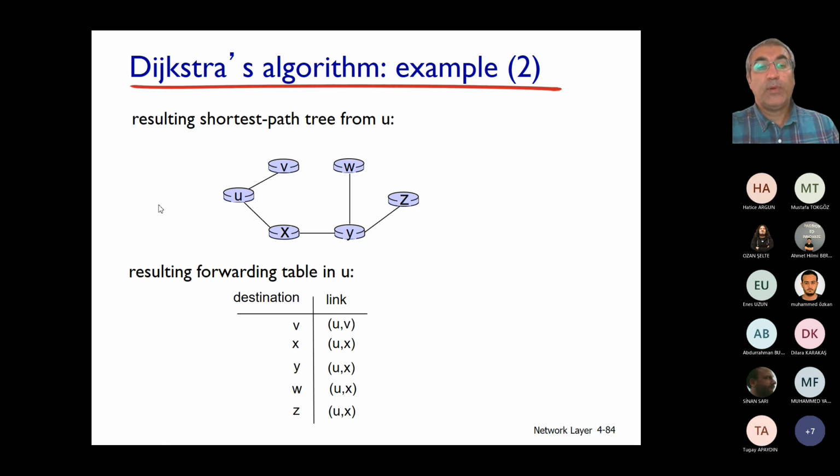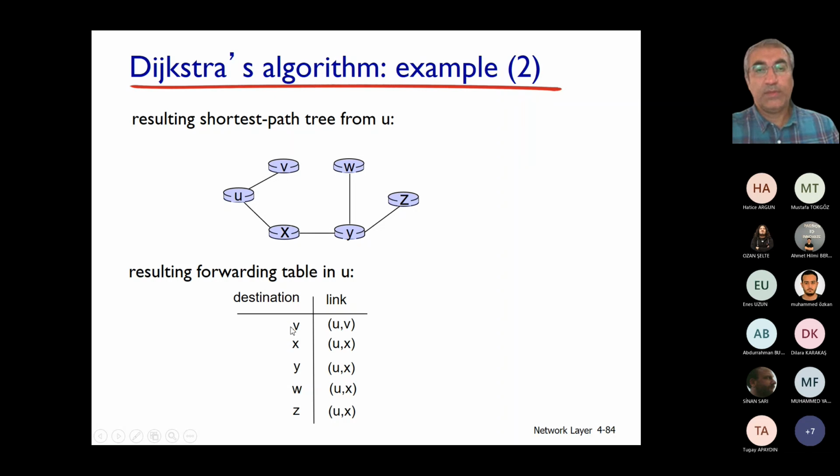And the resulting forwarding table in U. In U's table, only the node U has such a table. If the destination is V, you can reach it through the UV link.